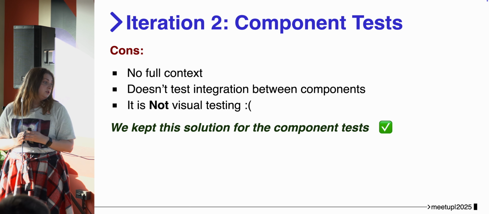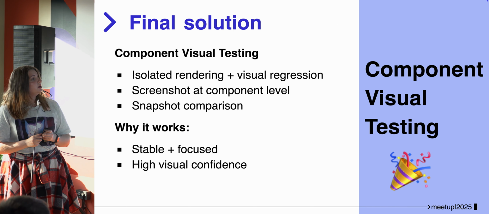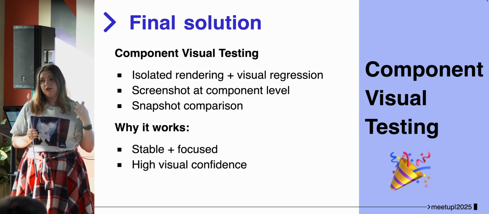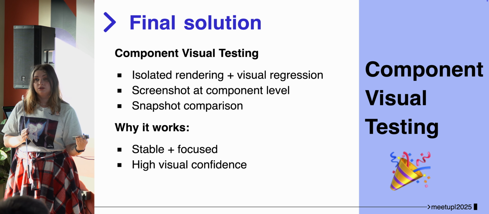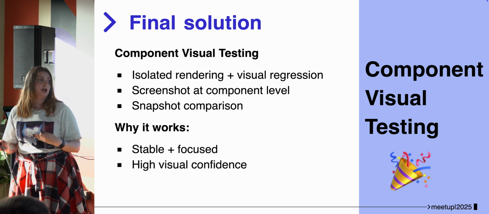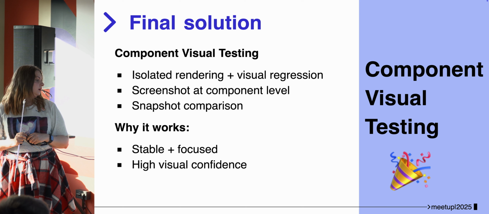So we decided to keep it for component testing. And our final solution, we decided to combine two methods, screenshot testing and component testing, and we found the component visual testing process.